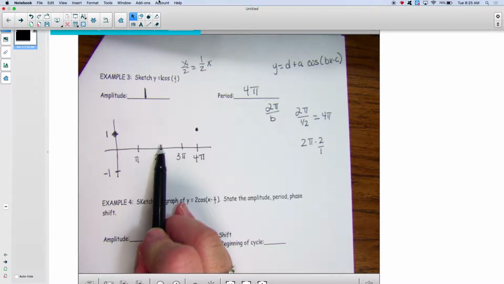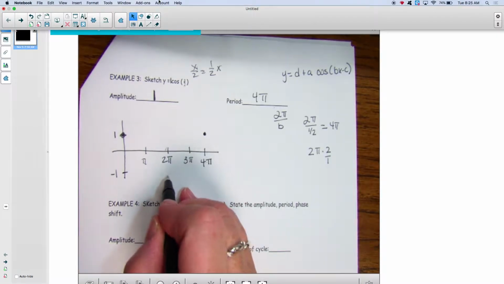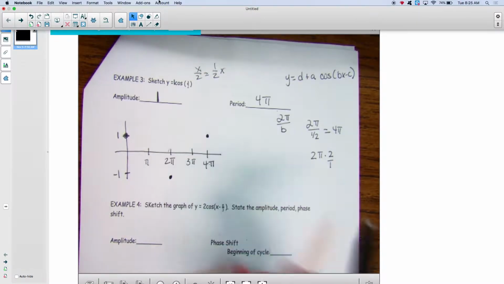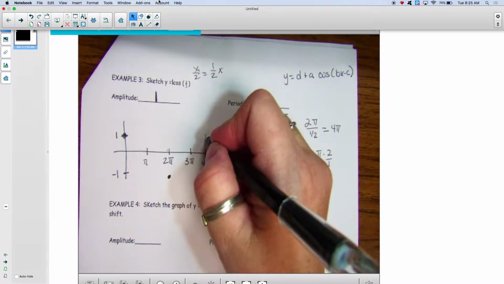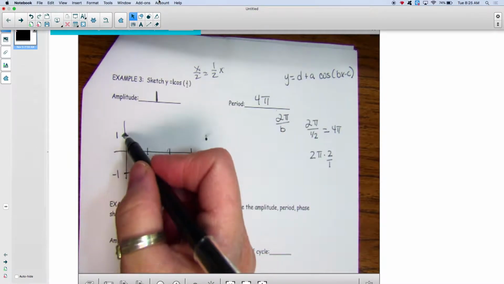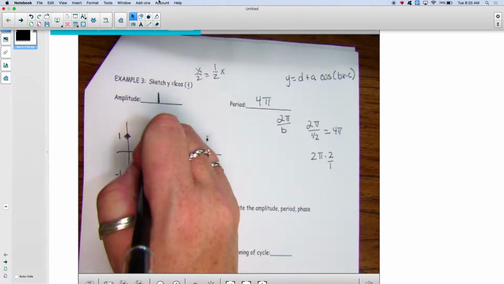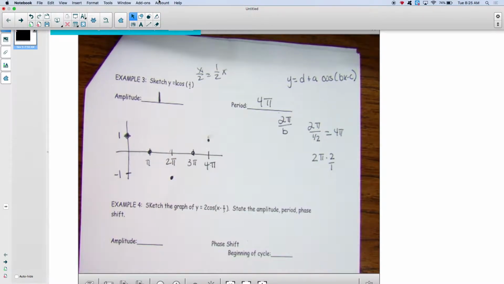What happens halfway between them? It's down to its minimum, which is -1. And then between the maximum and minimum, we have our x-intercepts. Those are our 5 important points.